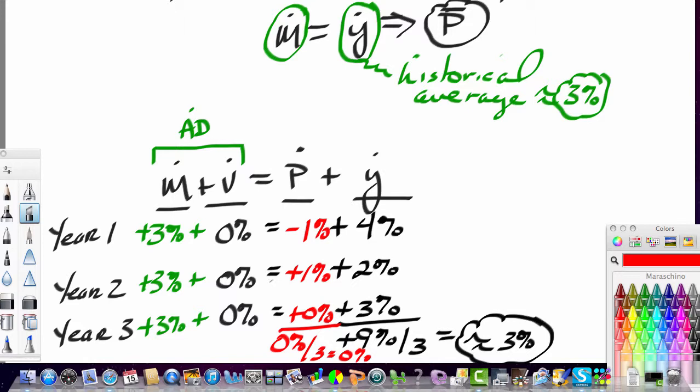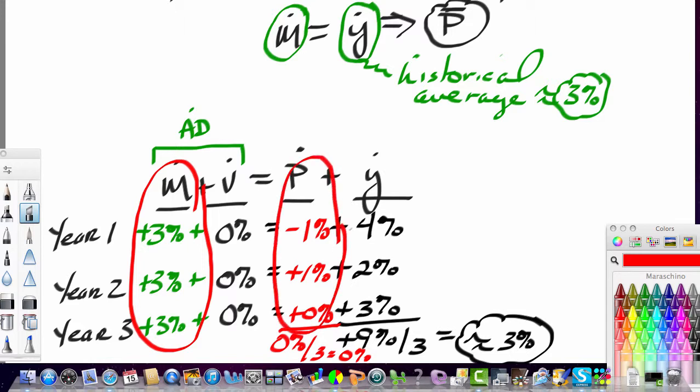Okay, so again, the idea is we grow money. We don't hold the quantity of money constant. That's a myth. The money supply grows, but it grows at a rate roughly equal to the long-run growth rate of real GDP. And if the money supply can grow at roughly the long-run growth rate of real GDP, prices stay relatively stable over time.